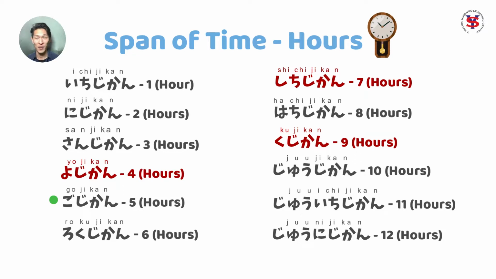We have gojikan. 6 hours, 6時間, 7 hours, 7時間, 8 hours, 8時間, and for 9 hours, we have 9時間, not 9時間, 9時間. Alright, let's continue. 10 hours is 10時間, 11 hours, 11時間, and 12 hours, 12時間. Simple? Simple. Nakuha ba natin yung mga patterns?